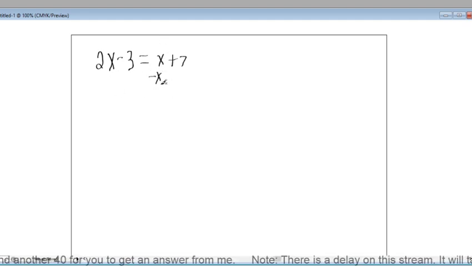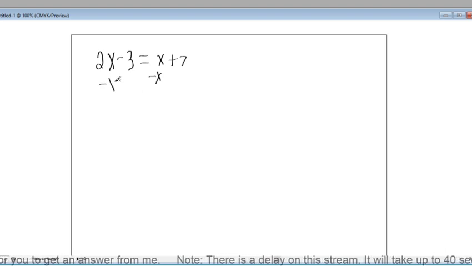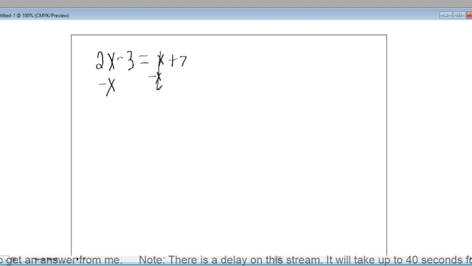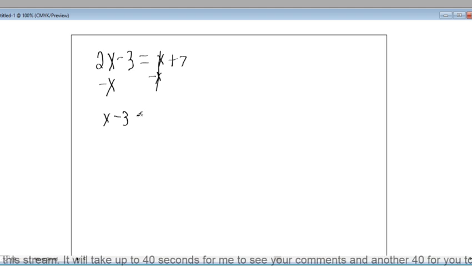So subtract x from this side, and subtract x from this side as well. Of course, what that does for us is it cancels on this side, getting rid of that x here, and brings it over here to the other x value. So now we have x minus 3 equals 7.